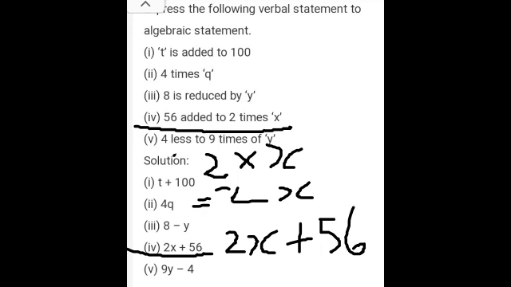First let's write 2 times x. 2 times x means 2 into x, that is 2x. Now 56 added, so we can write 2x plus 56, or else 56 plus 2x also we can write.